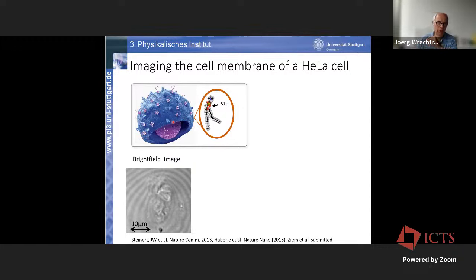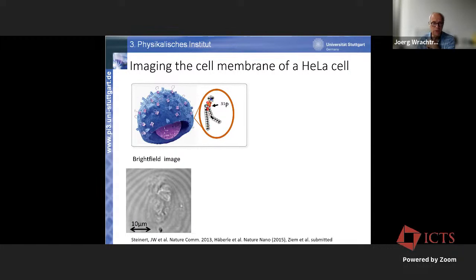And we were taking this example because the cell contains specific nuclear spins, that is, nuclear spins with a specific Larmor frequency at different parts of the cell. And specifically in the cell membrane, you find these molecules, which are phospholipids, the bilayer of which actually constitutes the cell membrane.